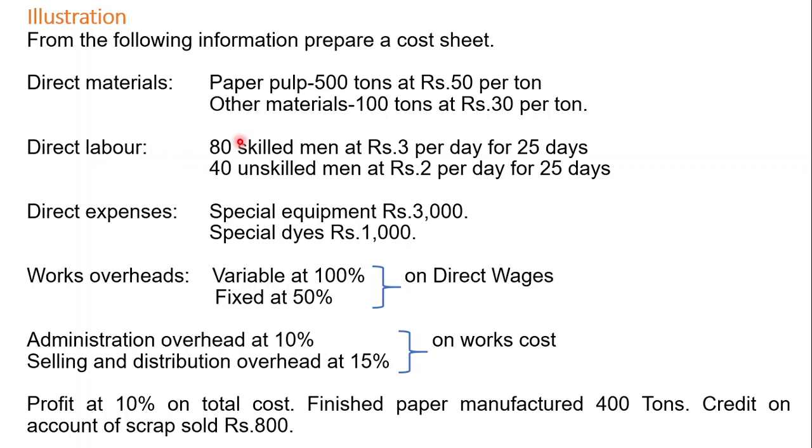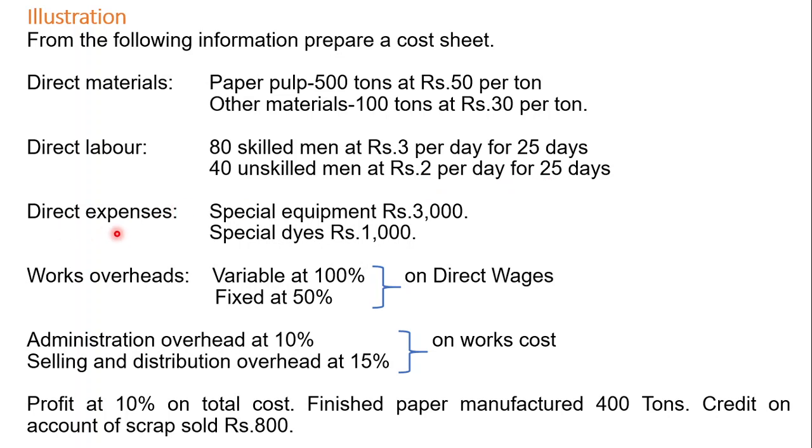Here direct labor is categorized into two groups. 80 skilled men at rupees 3 per day for 25 days, which indicates 80 skilled workers at the rate of 3 rupees per day of wages. They will work for 25 days. Similarly, there are 40 unskilled workers. They will be paid 2 rupees per day of wages and they work for 25 days in a month.